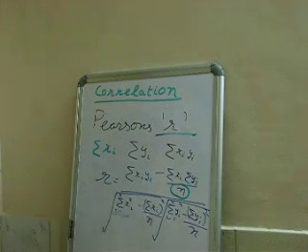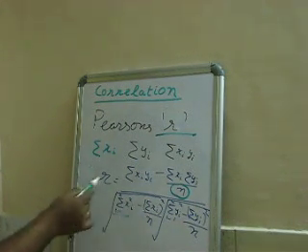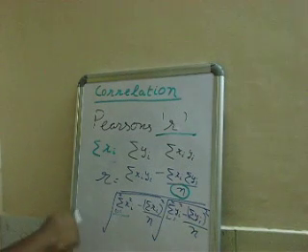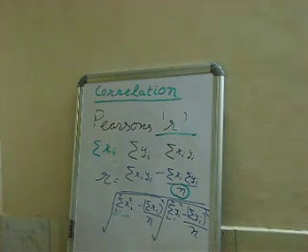Summation xi whole square is nothing but the square of the summation xi divided by the number of observations. Similarly for summation yi, and take a square root of each of these values. So this gives you the standard deviation.